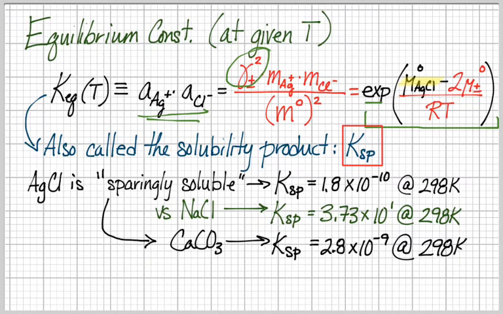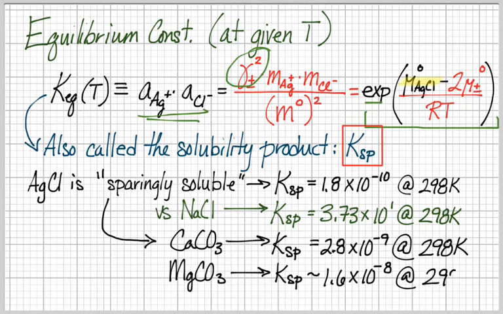And the solubility product of that is 2.8 times 10 to the minus 9. So it's an order of magnitude higher than that of silver chloride, but still pretty low solubility. If I were to compare that with magnesium carbonate, this also is in your dolomite minerals in limestones. The solubility product is about 1.6 times 10 to the minus 8, so slightly another order of magnitude more soluble.